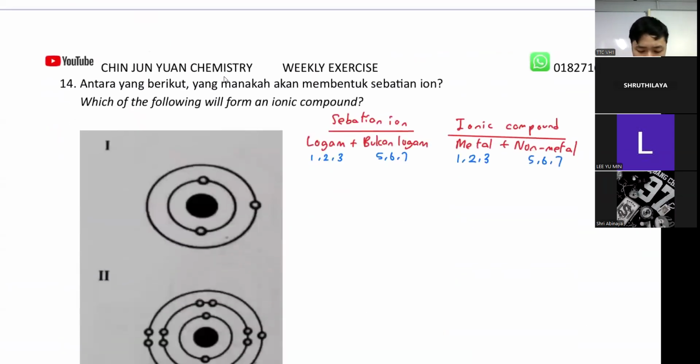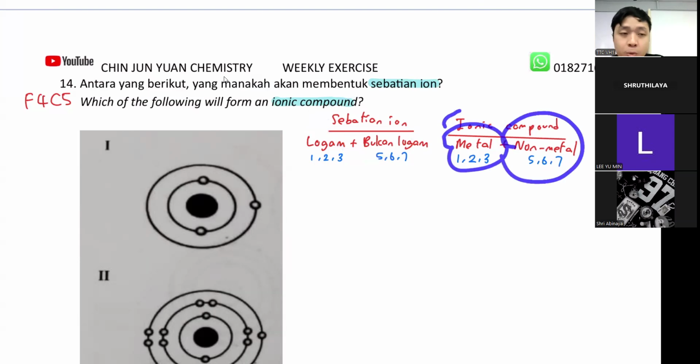14, form 4, chapter 5. If too much time here, which of the following will form an ionic compound? Remember, ionic compound is formed between metal and non-metal, logam and bukan-logam, that is, an ionic compound is made from a metal combined with a non-metal.